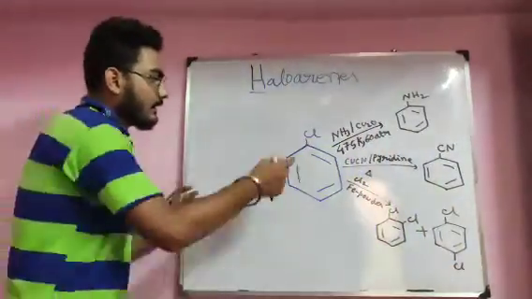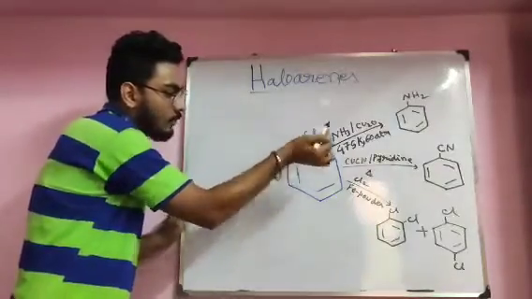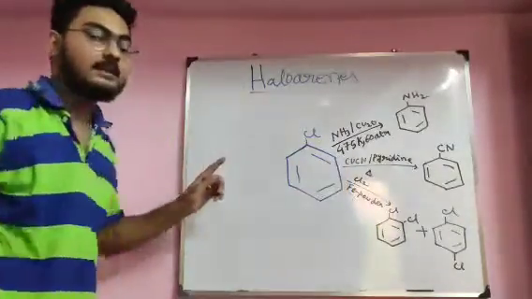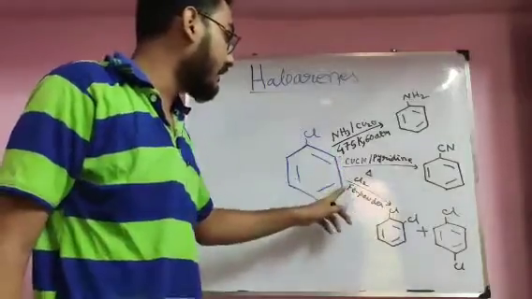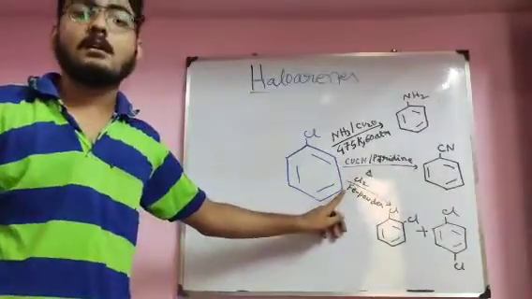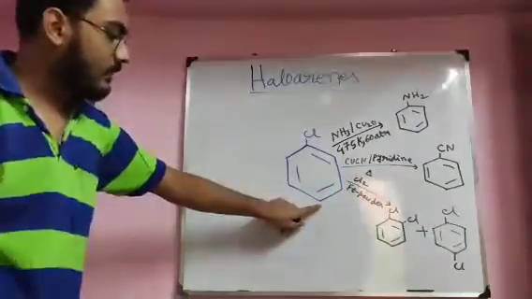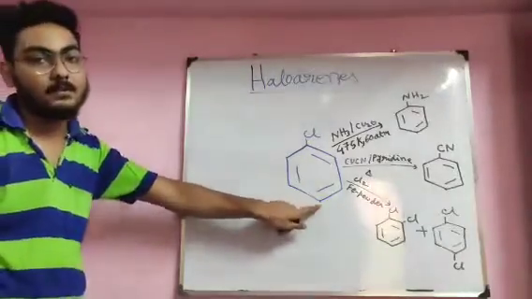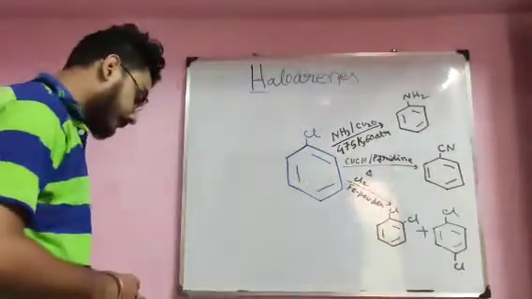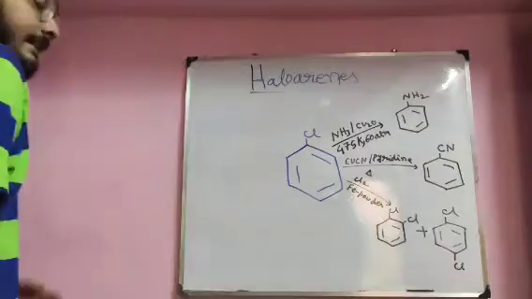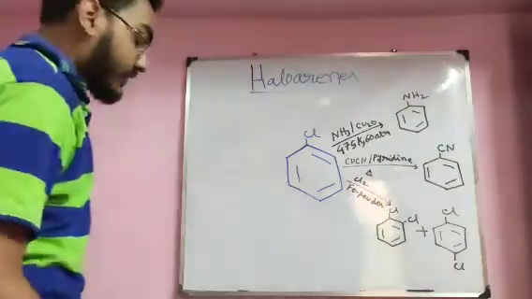In benzene, with respect to this group, this position is considered the ortho position, this the meta position, and this the para position. Okay. Next process is nitration.